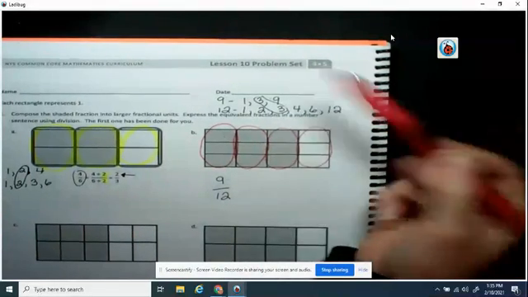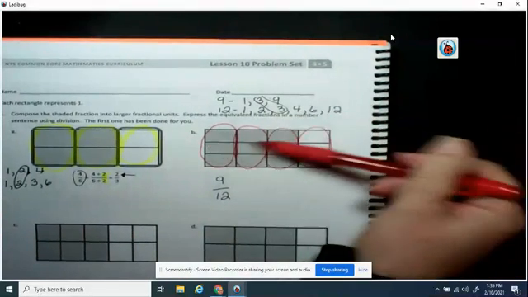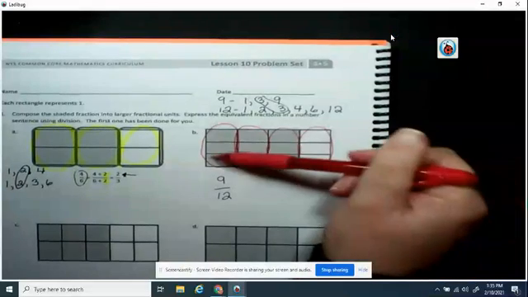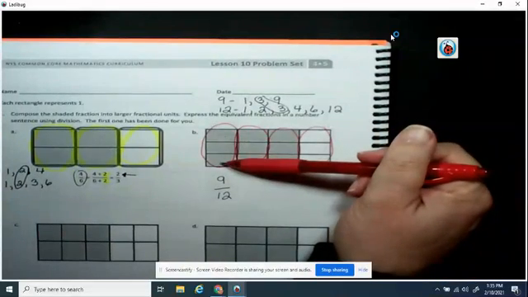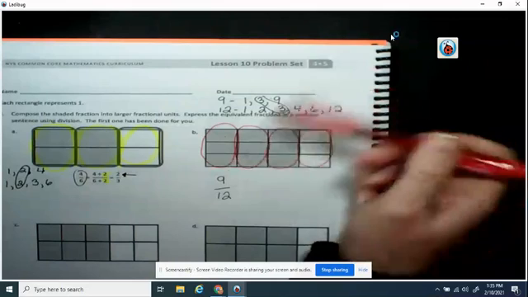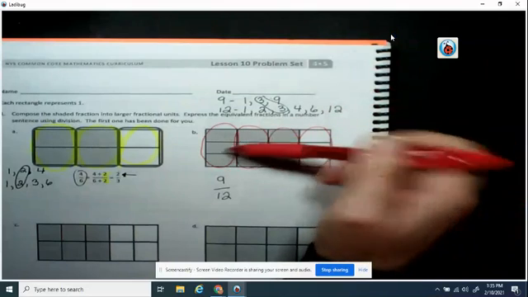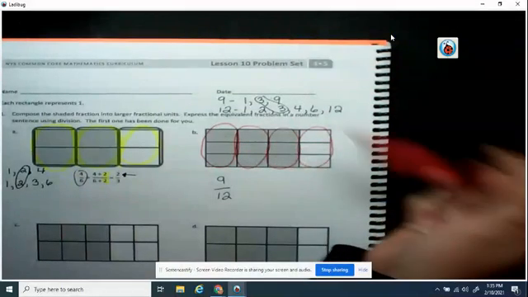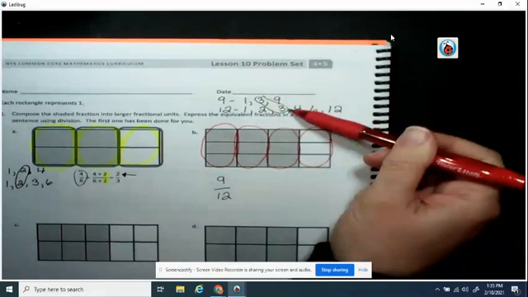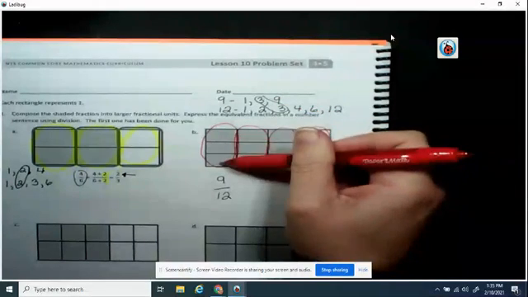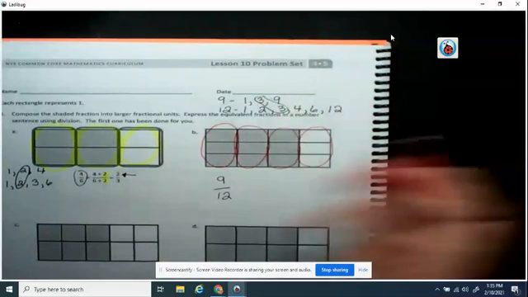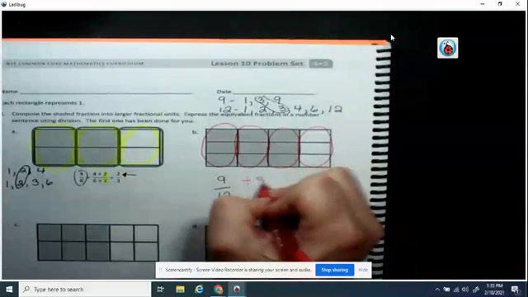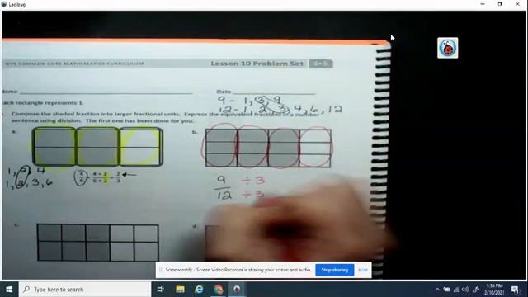So if you think about this fraction and we think about erasing those middle lines, taping them back up to make it a bigger piece, I would make this into 4ths. And so if I look up here, we're dividing it into 3 pieces each. 3 is my biggest common factor. So we are dividing by 3, dividing by 3.